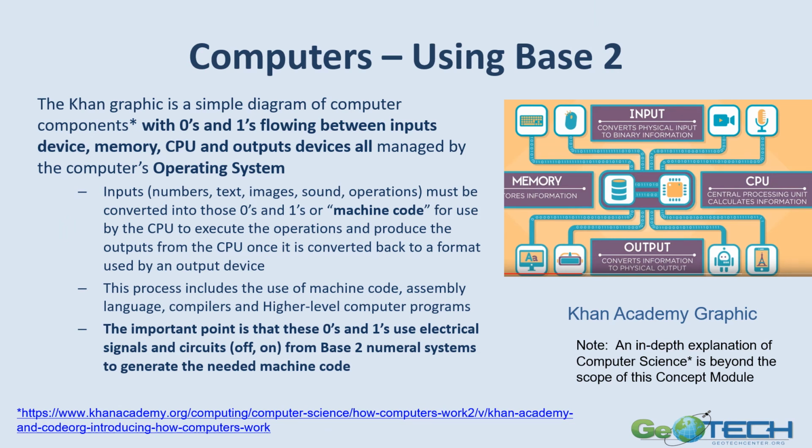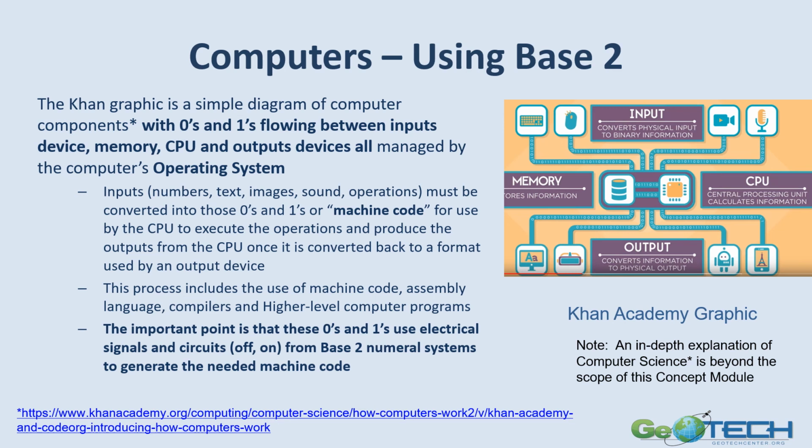So here's that same graphic, but really what it's showing is those zeros and ones are flowing between those devices and are all managed by a computer's operating system. So those inputs are machine code of zeros and ones, and it's used by the CPU to execute the operations and produce outputs.